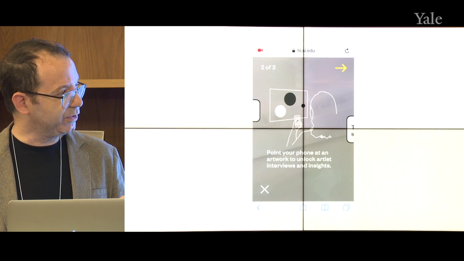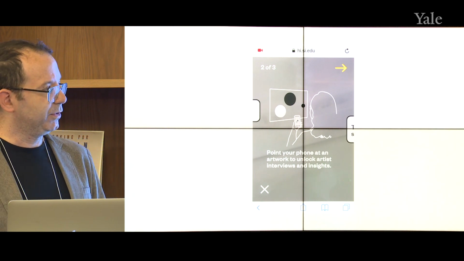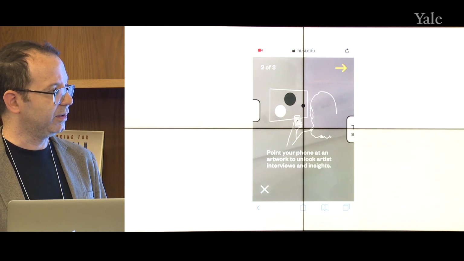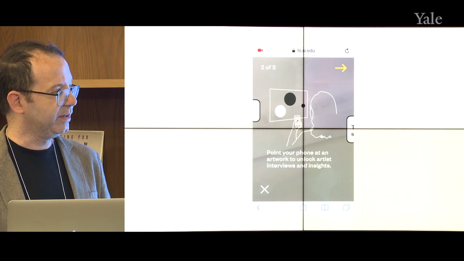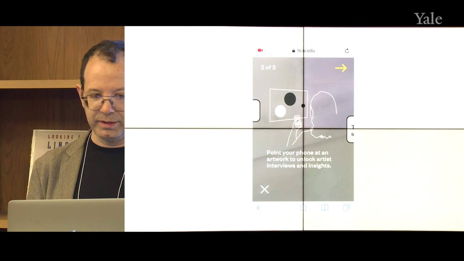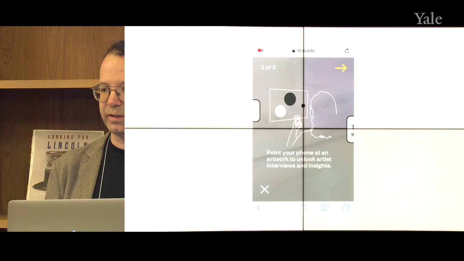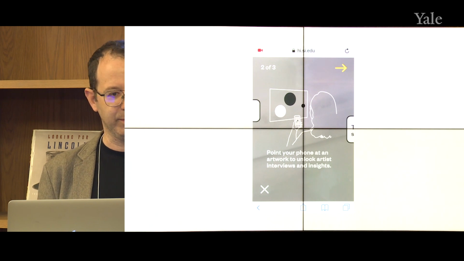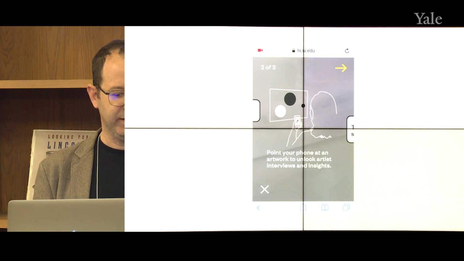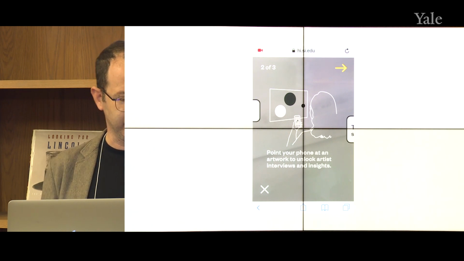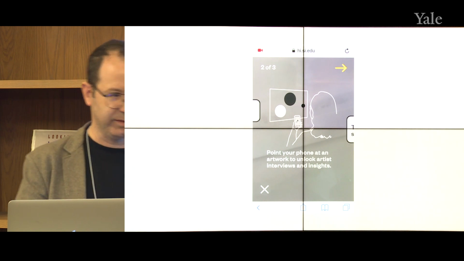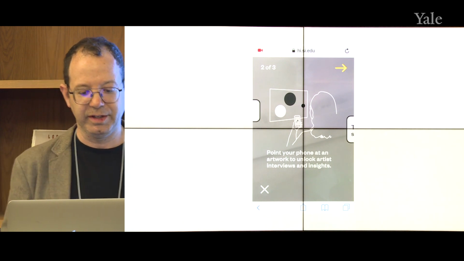A physical surprise that we saw was that visitors really want to scan the label. They're so trained to be scanning a QR code and also to be searching for a label that they would walk up to the label and get really close to it and scan it and then step back and look at the artwork.